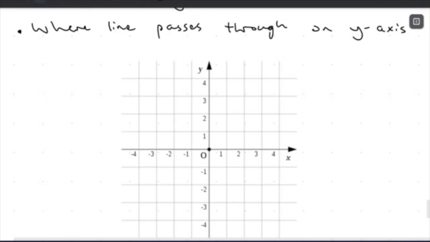So if I draw any line here, something like this line, my y-intercept is just going to be this point here, where along the y-axis my graph passes through. This is my y-int for short, but we're looking at the y-intercept here.